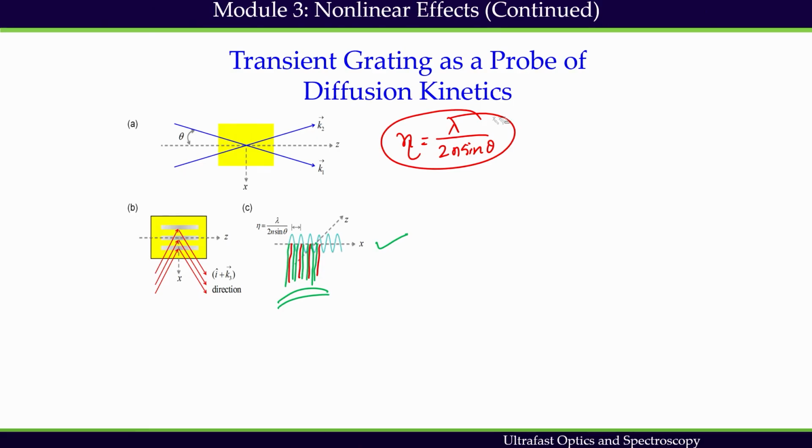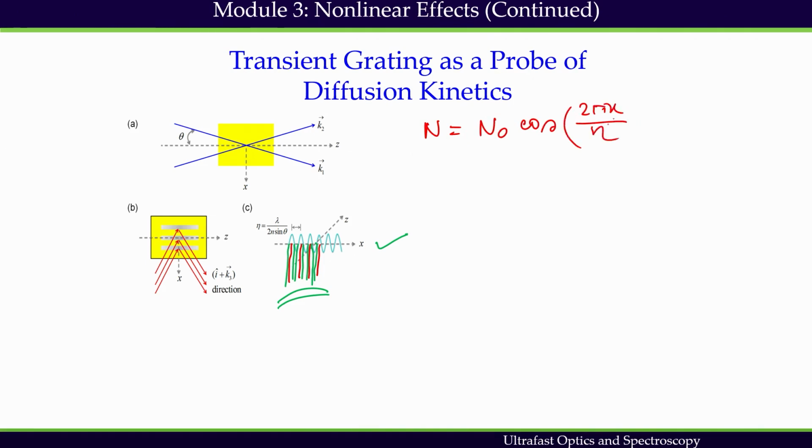So when we consider diffusion kinetics, we can actually write down a few equations. N is the population, which will vary along this x-axis this way, cos 2 pi x by eta. So this is the way the excited state species population will vary.